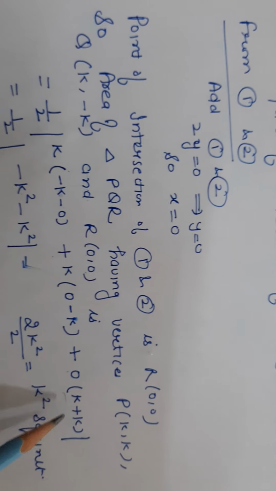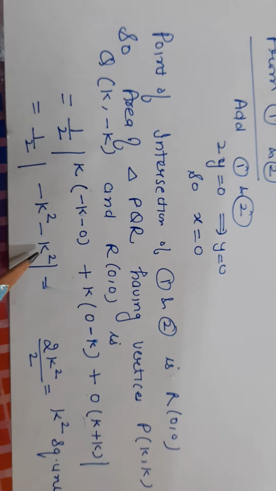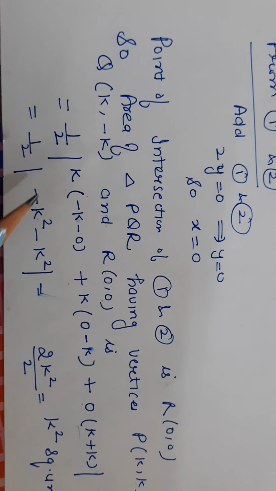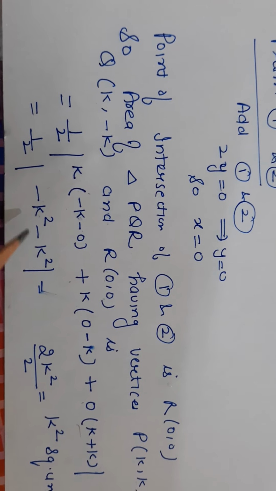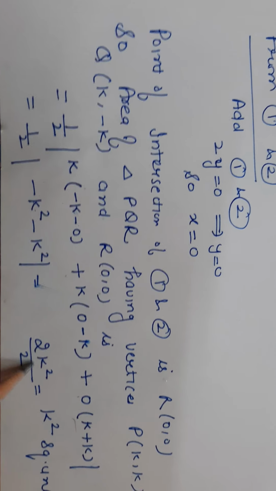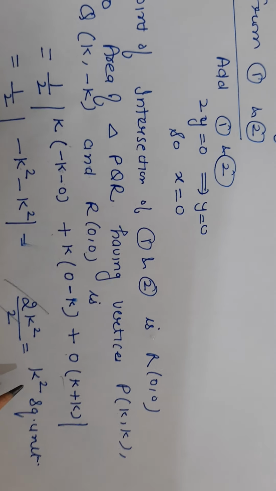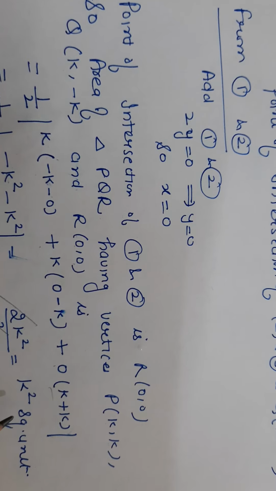So this factor will be 0. You will have minus k square minus k square. This is minus 2k square. If we take mod, this is twice of k square. This 2 will be cancelled. So your answer is k square unit.